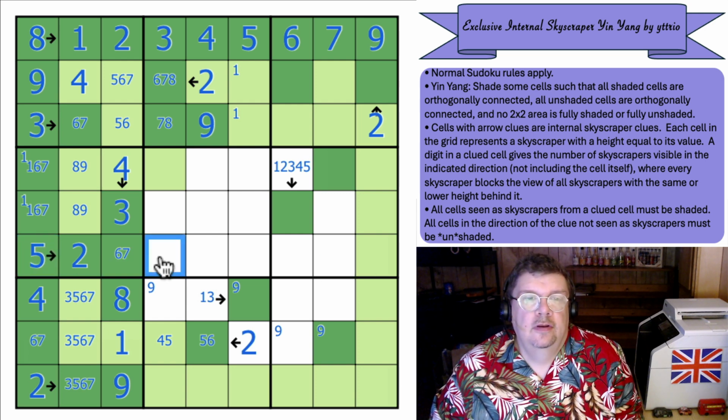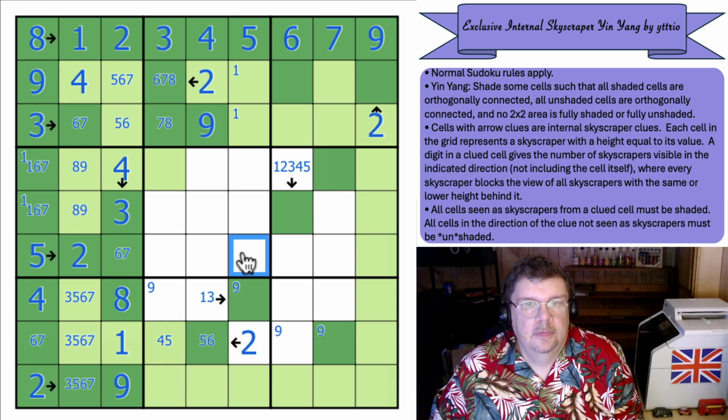If the 9 were here, then it would only see 4. So the 9 is not here, the 9 is not here. This is the earliest the 9 can be. So 6, 7, 8, 9. That could work.